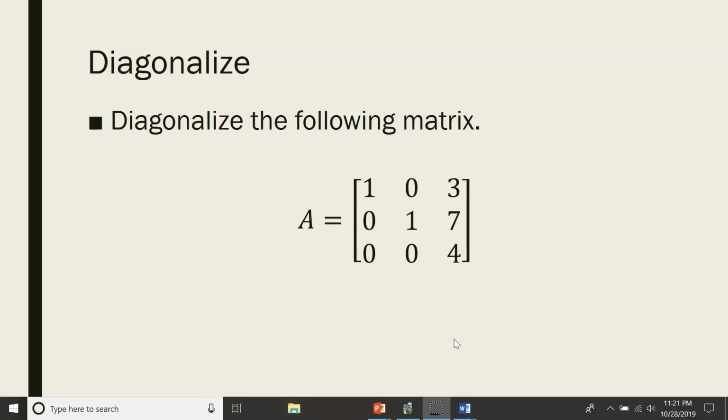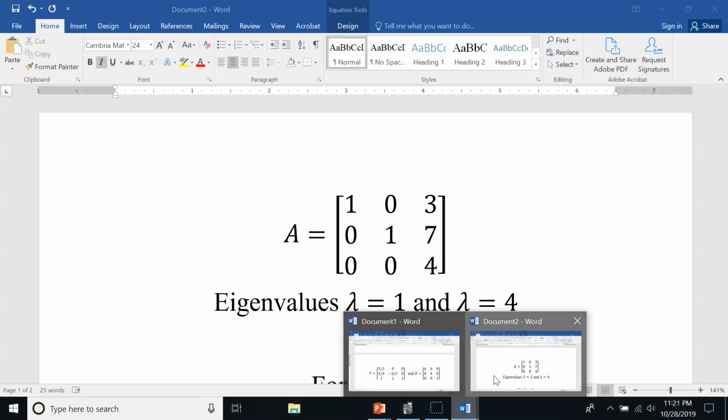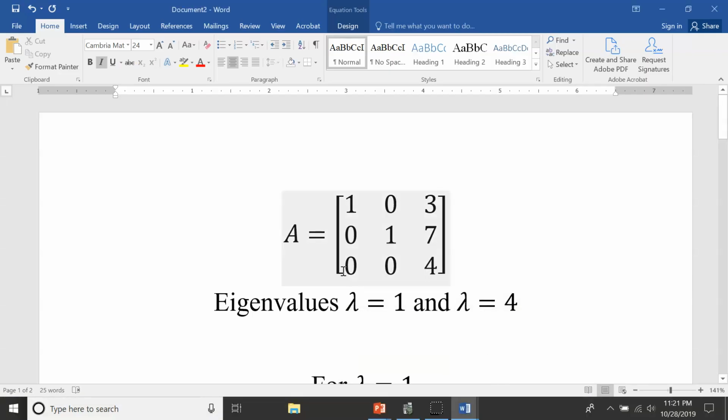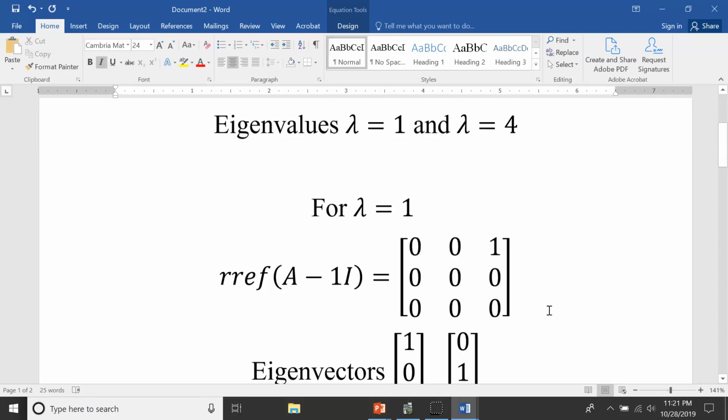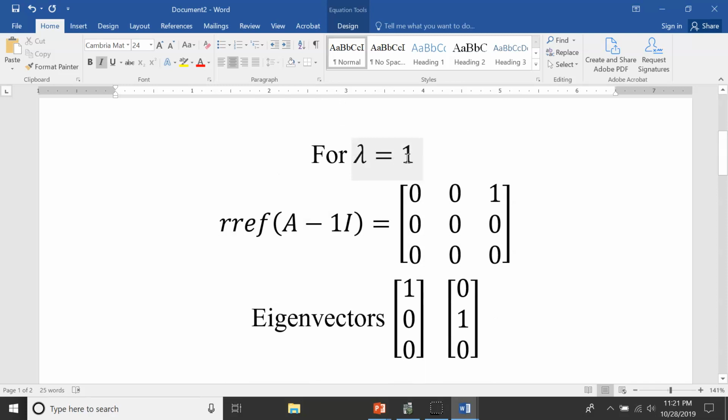All right, so when I went ahead and did this, obviously eigenvalues are 1 and 4. So I looked for the eigenspace when lambda equals 1. We row reduce to echelon form A minus 1I. You get this matrix. Now this matrix has 2 free variables.